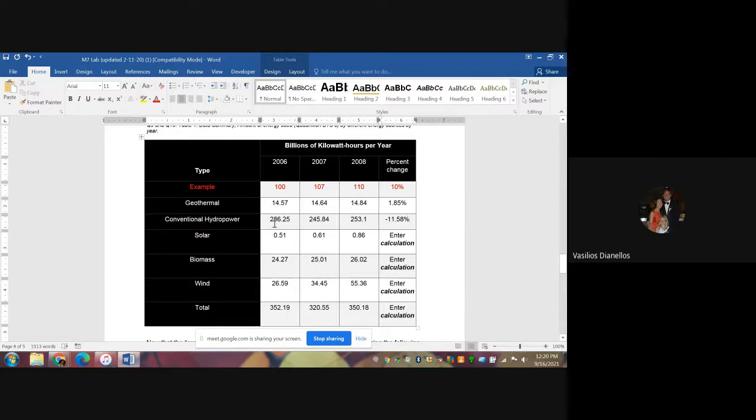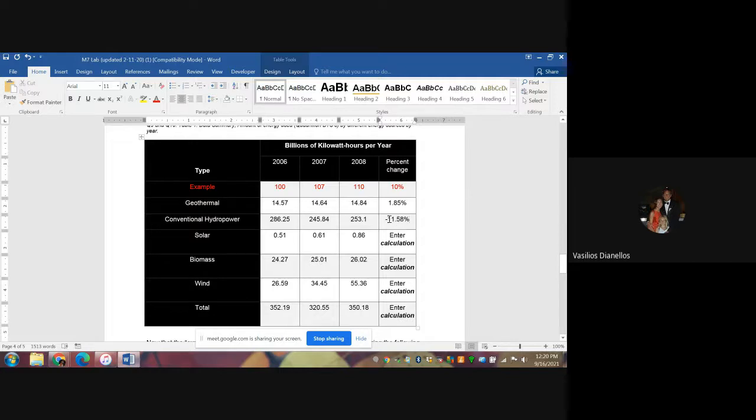Also, the fact that we're going from 80 something to 50 something, right? That tells me that it's not necessarily a very small change. So I wouldn't expect a 1% change. It's also not a very large change. So I wouldn't expect 100% change. But negative 11.58%, that makes sense, right?